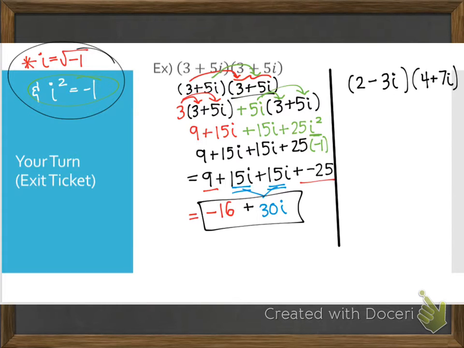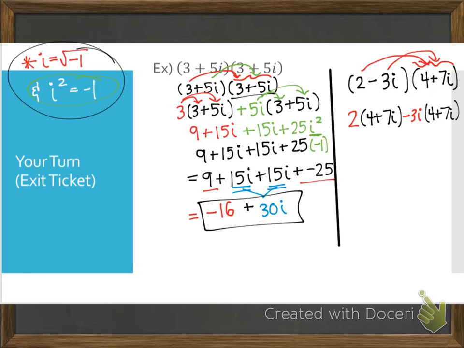Okay, so again, we're going to go ahead and distribute this. So we're going to say 2 times that entire thing and then negative 3i times that entire thing. So we've got 2 multiplied by 4 plus 7i. Okay, then we have minus 3i, which is also going to be multiplied by 4 plus 7i.